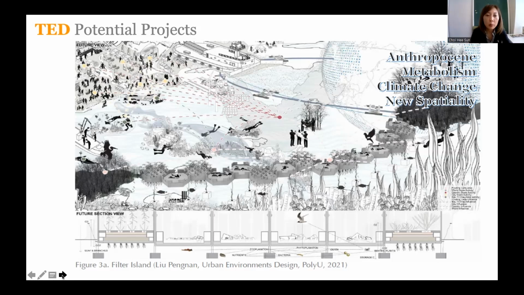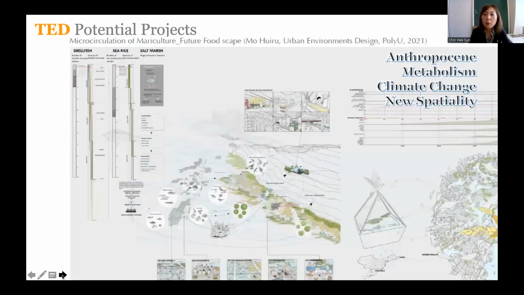And another interesting project emphasized the theory of the anthropogenic and metabolism, especially urban metabolism, water metabolism and climate change. She produced a quite interesting microcirculation of marine culture using rice farms on the water.